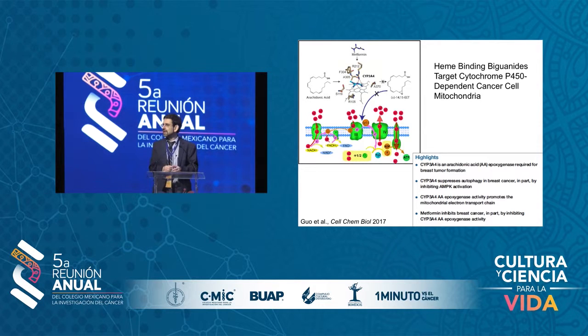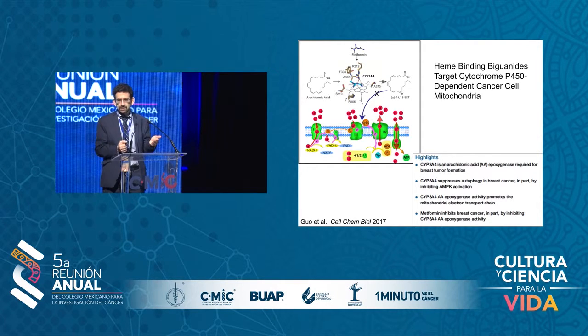This slide summarizes the model that we were testing in the work I'll be showing you today. The idea is a novel one: that eicosanoids play a role in regulation of the mitochondrial electron transport chain, and that arachidonic acid is epoxygenated by cytochrome P450 3A4 in breast cancer cells and other cancer cell types.